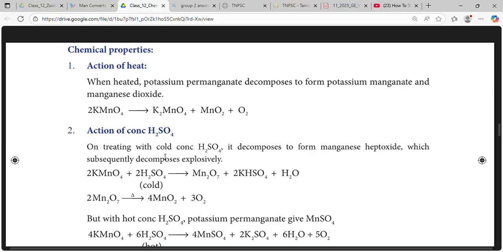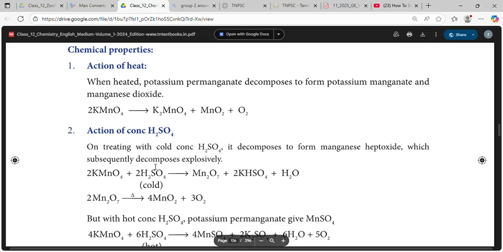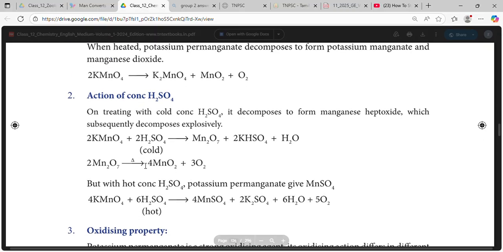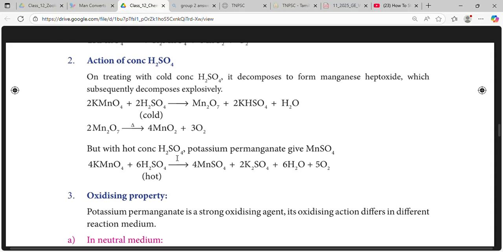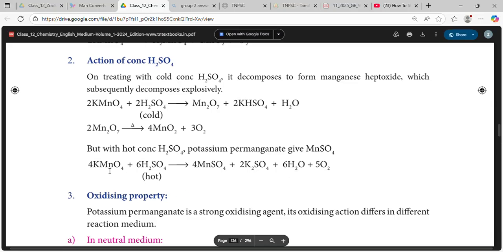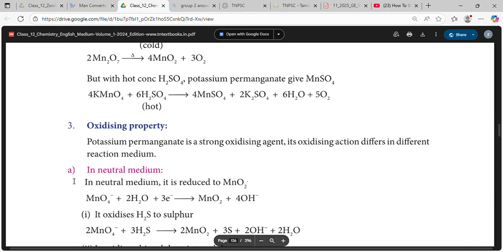On treatment with concentrated sulfuric acid, it forms manganese heptoxide, which subsequently decomposes explosively. But with concentrated hot sulfuric acid, potassium permanganate gives MnSO4. KMnO4 + H2SO4 gives MnSO4 + K2SO4 + H2O + O2.